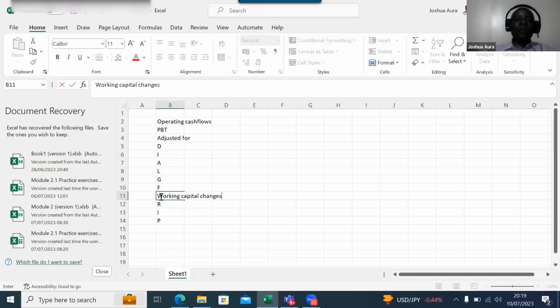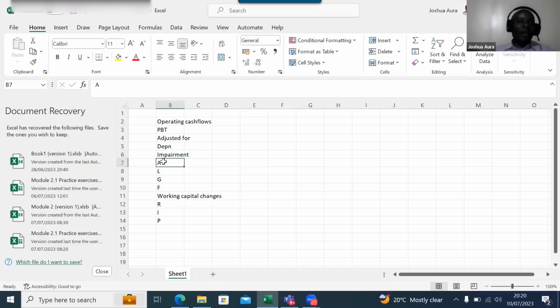If you remember, the first D is for depreciation. The I is for impairment. Impairment of what here, somebody? Impairment of goodwill. Then we have the A for amortization.